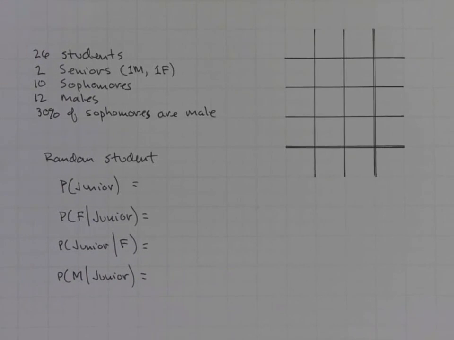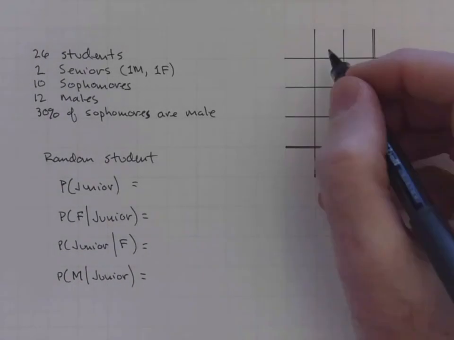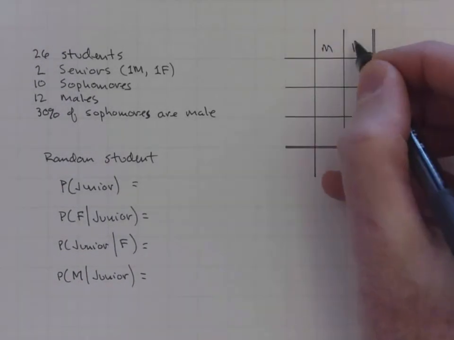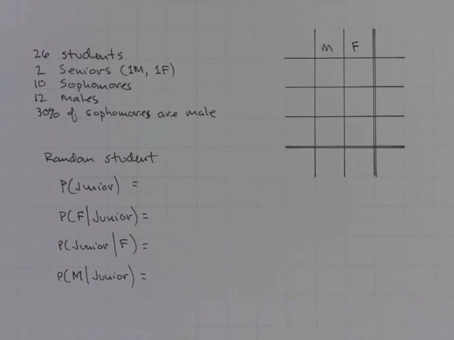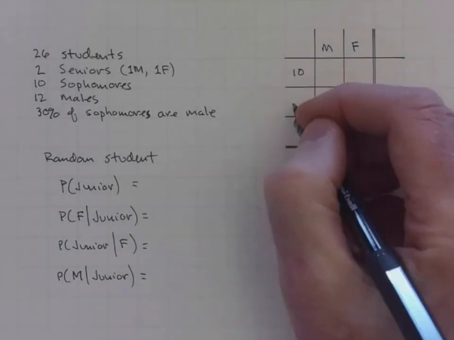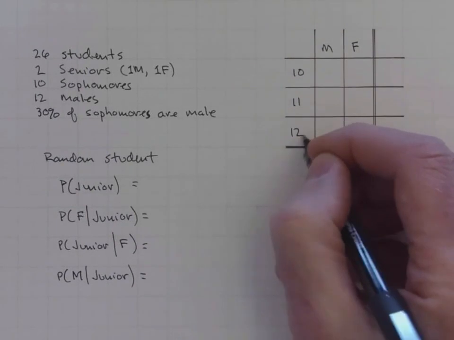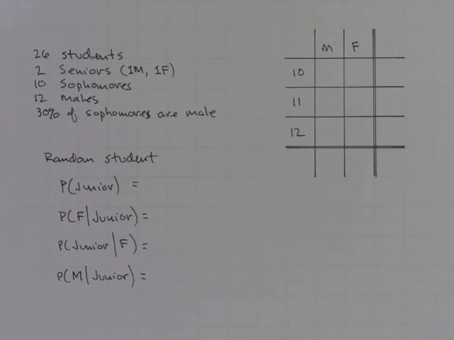And so we'll start by making a contingency table, which is my favorite way of organizing all of this stuff. So we'll have gender identification in one dimension, and for the sake of convenience, we'll assume the binary, although we know that's not always how it is. And then we're going to have some sophomores, some juniors, and some seniors. And let's start filling things in.